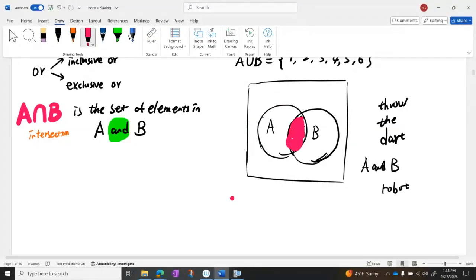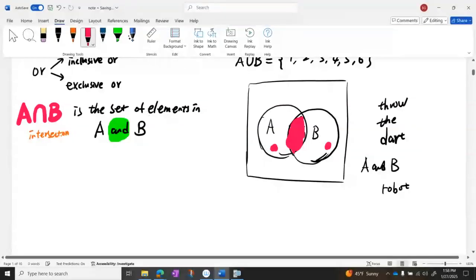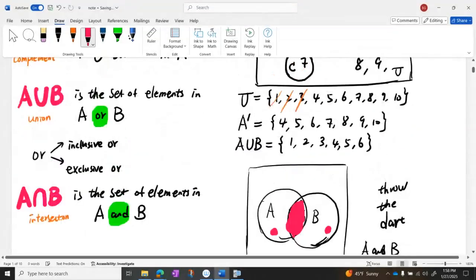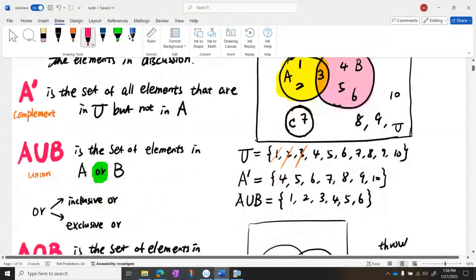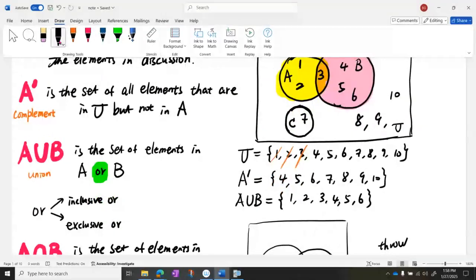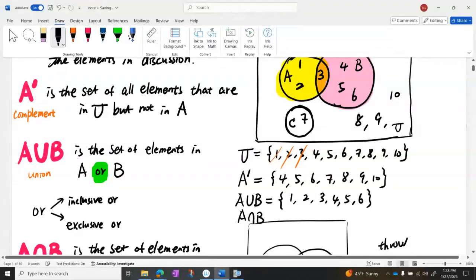If he hits this part, he can only get a stuffed animal. This part doesn't work either, because that part only belongs to A, not B. He has to hit a region belonging to both. Then he can get a robot. Do you see it? Can you tell me, what is A intersect B?